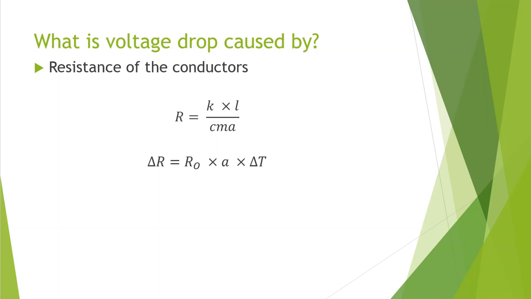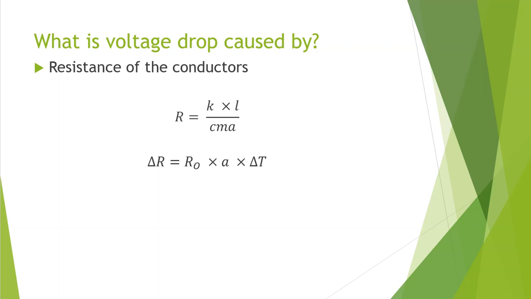Now we know that copper and aluminum are very good conductors. They have a relatively low resistivity. However, the resistivity of the material itself does naturally cause our conductors to end up with a voltage drop across themselves because they end up acting like a series load within the circuit.